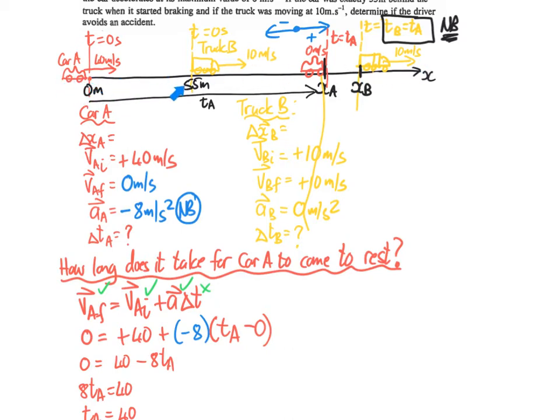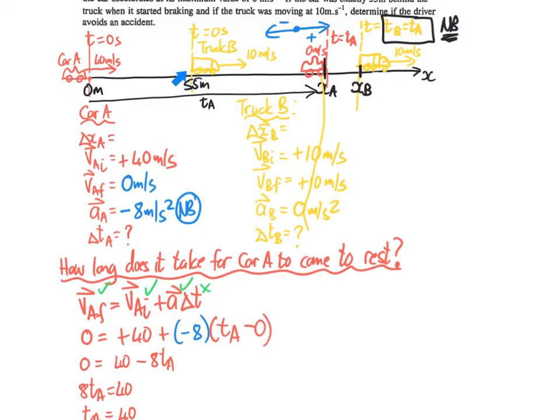We have an x-axis here like in mathematics. At t equals 0 for both vehicles, car A is at 0 meters, but truck B is 55 meters in front of car A. Remember, all motion is relative, so you need to describe motion with respect to a reference point. Our reference point we've defined here as x equals 0 when the car starts to decelerate.